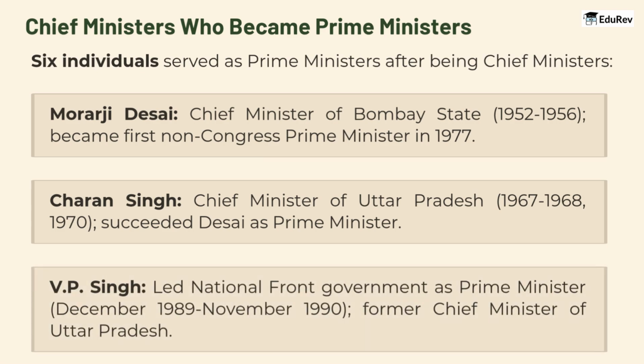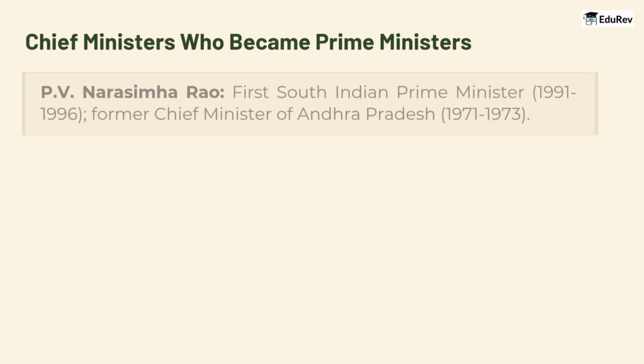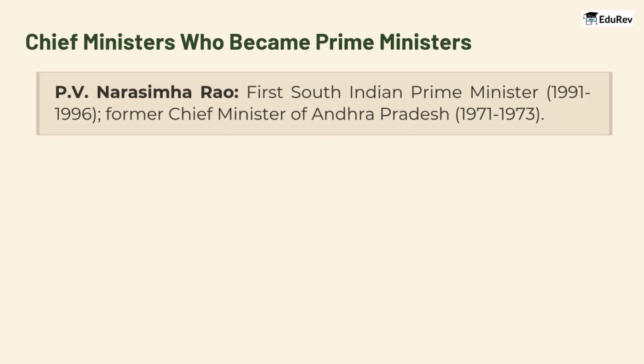V.P. Singh led the National Front government as Prime Minister from December 1989 to November 1990. He was a former Chief Minister of Uttar Pradesh. P.V. Narasimha Rao, the first South Indian Prime Minister, served from 1991 to 1996. He was a former Chief Minister of Andhra Pradesh from 1971 to 1973.